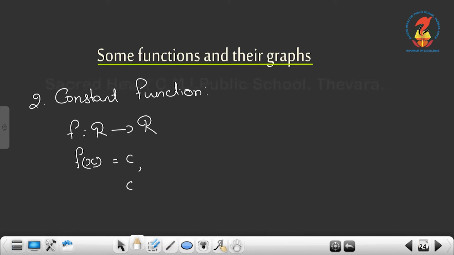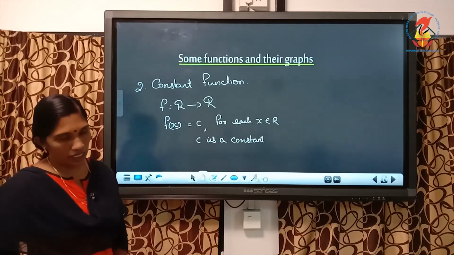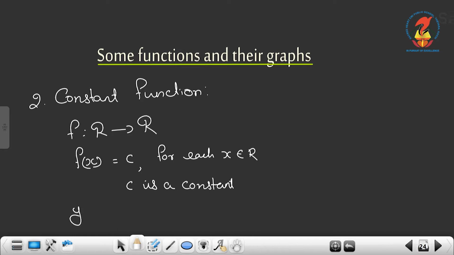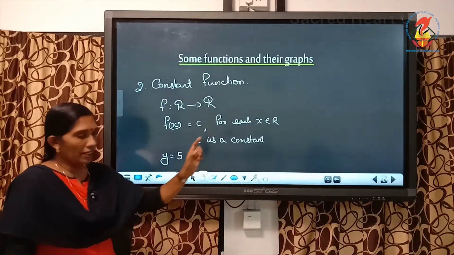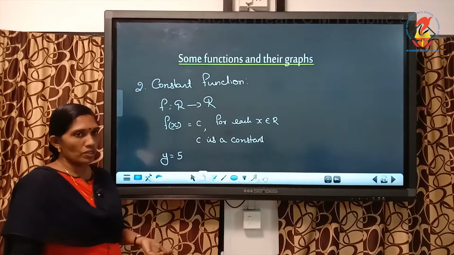Okay, here c is a constant, and for each x belongs to R. Here this second number is always a constant. For example, f of x we can denote as y. So y is equal to 5. These are all functions. In 10th standard you studied how to draw the graph of y equal to constant, x is equal to constant and all.